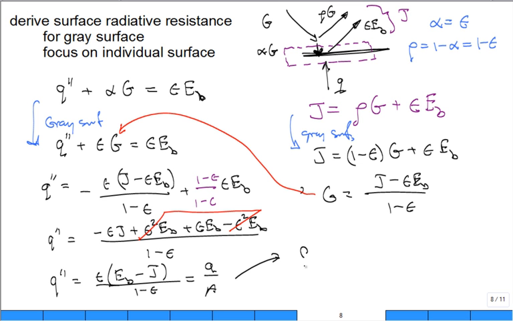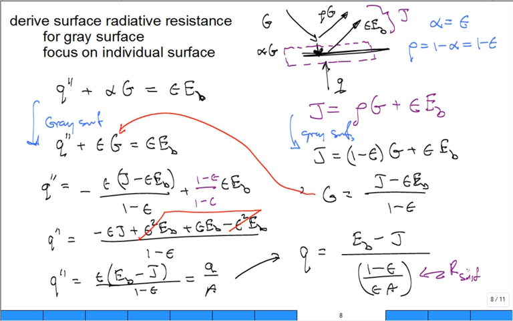So the equation for Q is Q equal to EB minus J divided by (1 minus epsilon) over epsilon A. And now we do some name calling, and we call that term our radiative surface resistance. What drives the flow through it is the difference between the EB and the J, the black body emissive flux and the radiosity. That's the derivation. Hopefully it made sense.